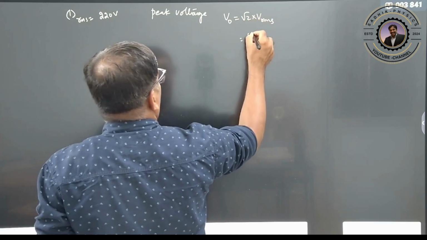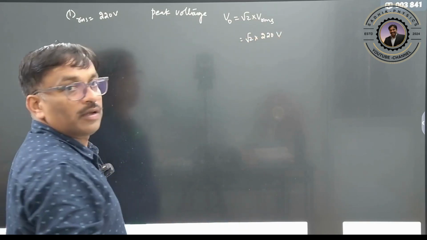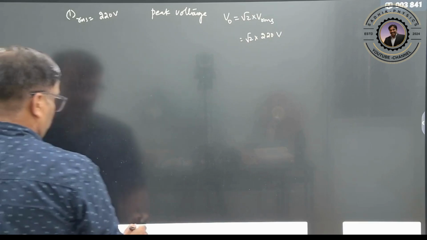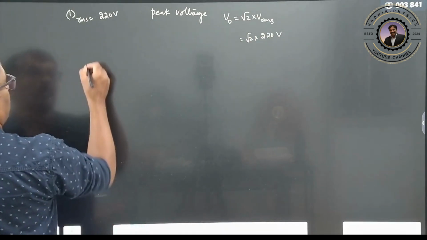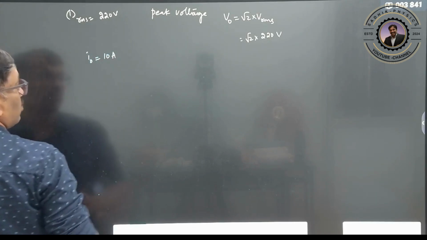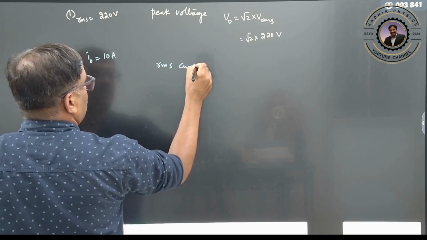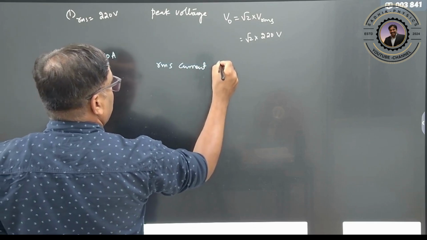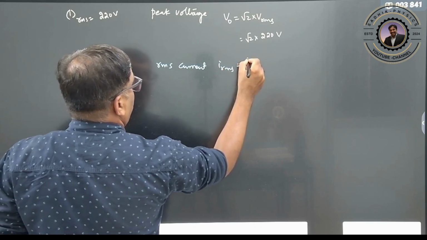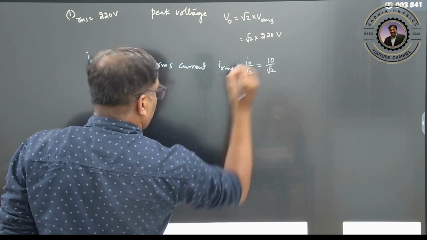So root 2 into 220 volts will be your peak value. Suppose I0 is 10 ampere. What will be your RMS current? IRMS is I0 by root 2, so 10 by root 2.